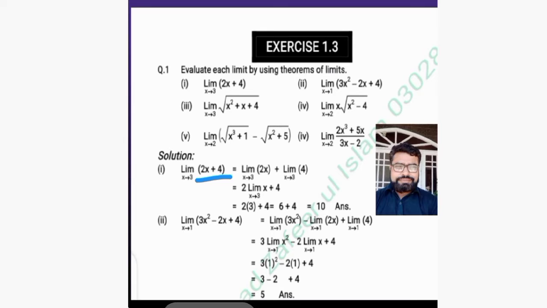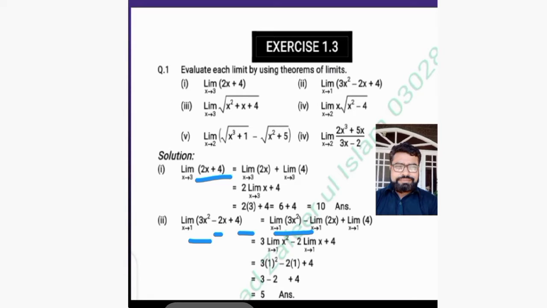As you see that there are two terms in the first part. First term is 2x and second term is 4. So we have to write the limit with both the terms. If we have 3 terms, we have to write limit with 3 terms. If we have 4 terms, we have to write limit with 4 terms. As you see that in part 2 there are 3 terms.